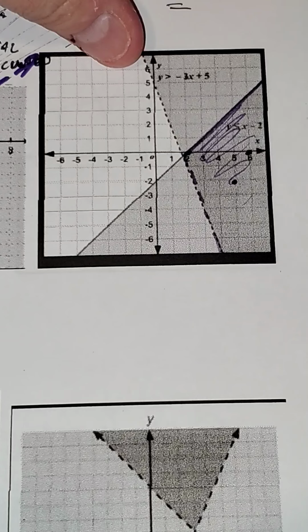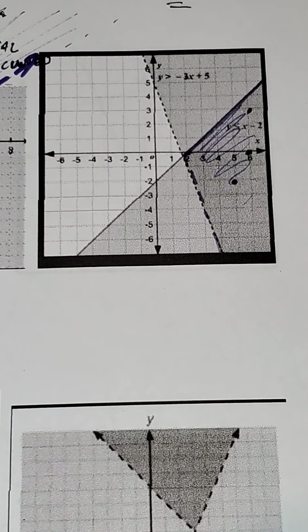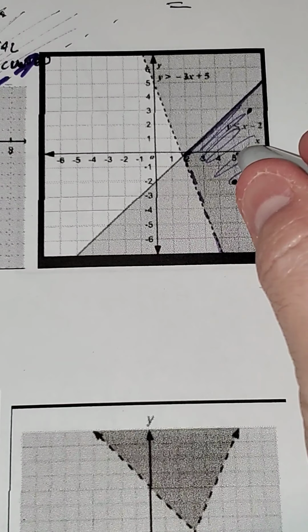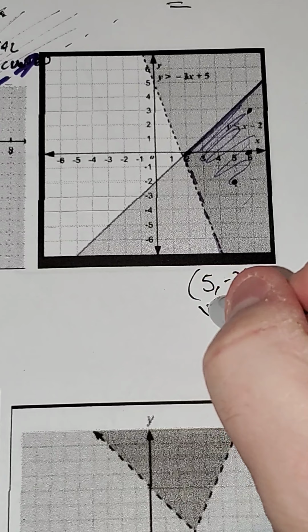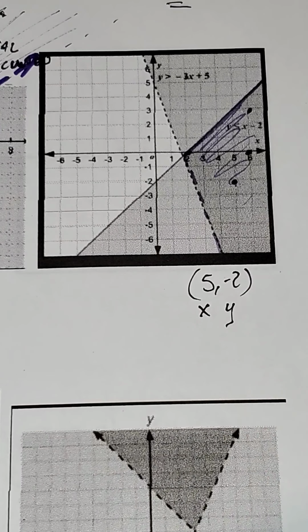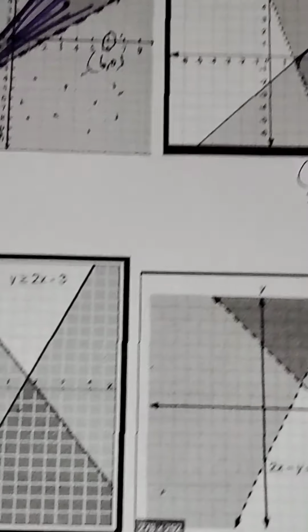How about 5, -2, or even 6, 3? Those are all solutions. And don't forget how to write these. 5, -2 means go over 5 with the x, go down 2 for the y. Or this point right here, which is 6, 3, we go 6 right for x, we go up 3 for y. Okay, those are some of the answers.